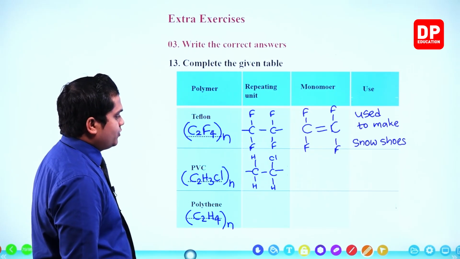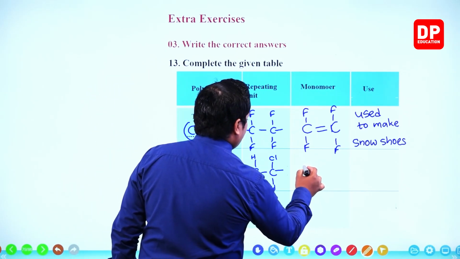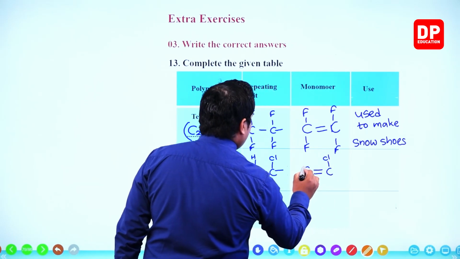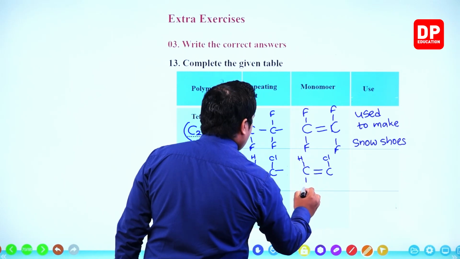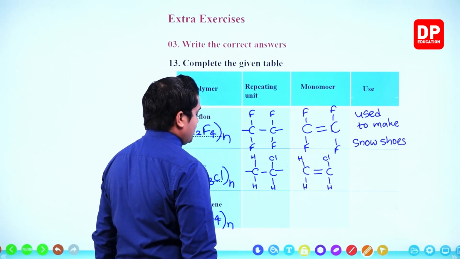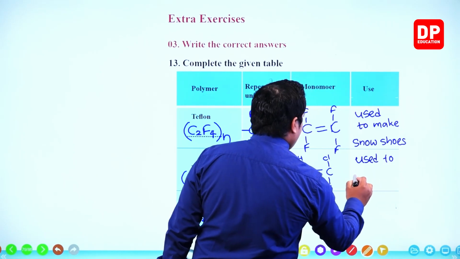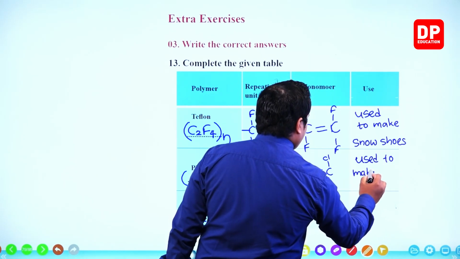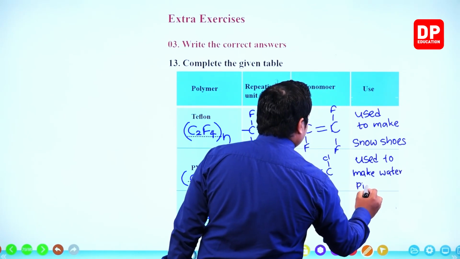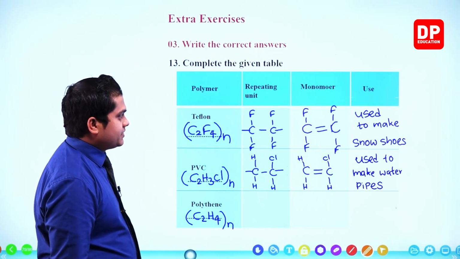C2H3Cl, okay, C2H3Cl. Then the monomer, the chloroethene, C double bond C, chlorine, hydrogen, hydrogen, hydrogen. Then a use, PVC, used to make water pipes. Used to make water pipes.